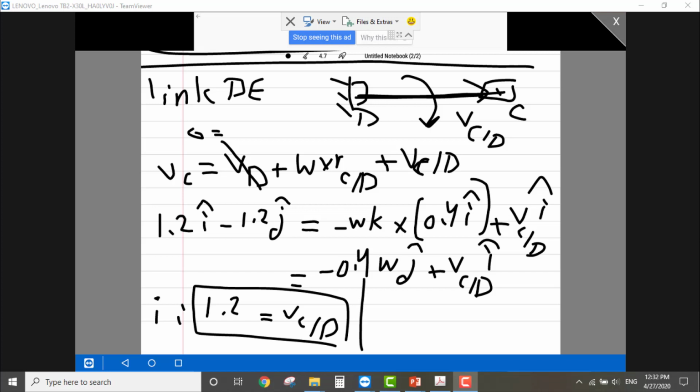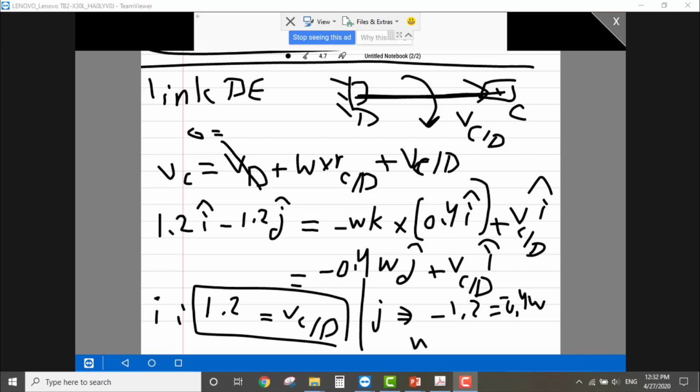Now for the J equation, we have minus 1.2 on the left side, and on the right side we have minus 0.4 omega.